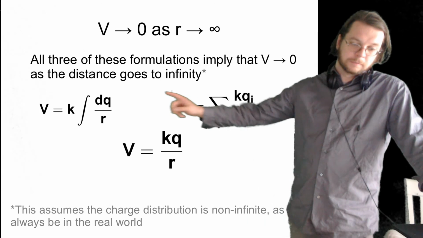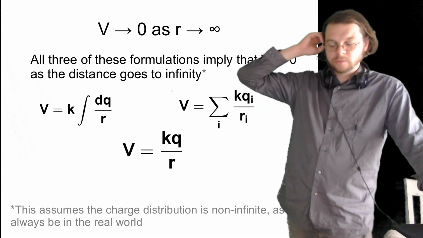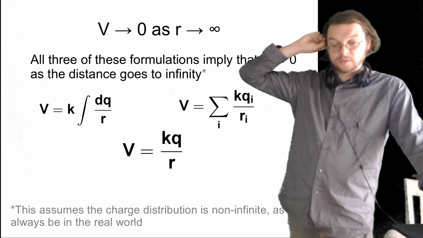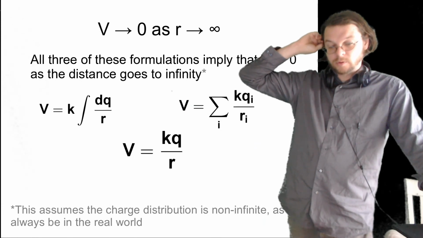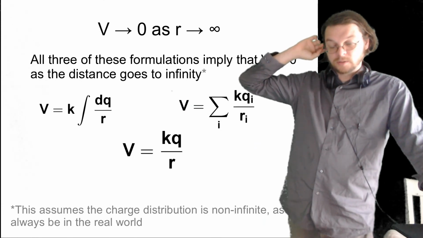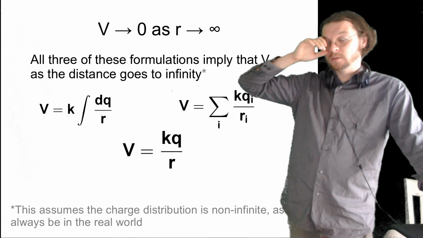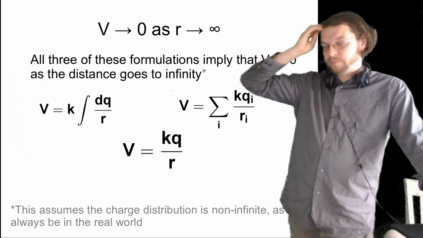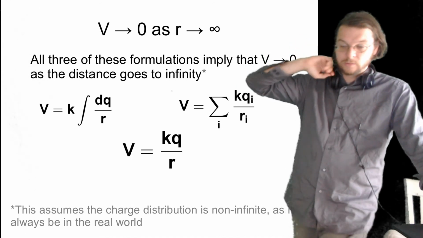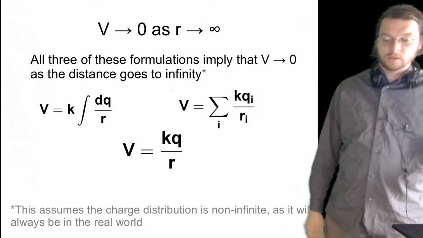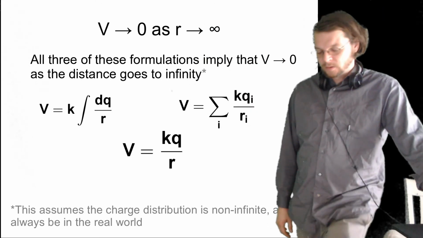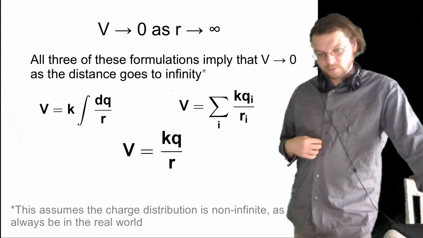So again, that's what we get from a point charge. Now, an important thing to note is that, even though I've been saying that it's only electric potential differences that matter, it is true that as you go infinitely far away from charges, the electric potential goes to zero. And so again, only potential differences matter.